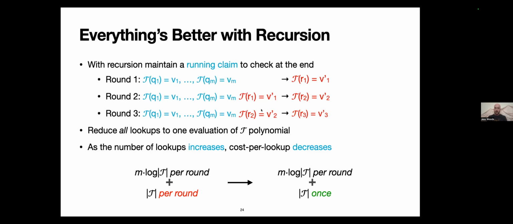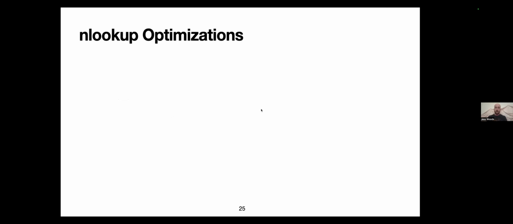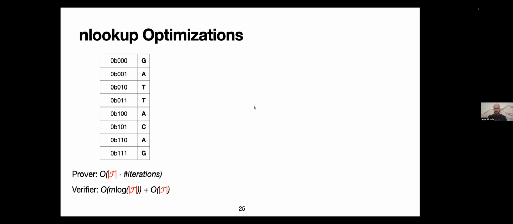Okay, now we're going to talk about optimizations that we do on top of NLOOKUP. Up until now, we've been talking about the complexity of our R1CS instance, our circuit, and therefore the verifier's work to verify the proof and to do this final check. But it's also important to talk about the prover's work to produce the witnesses for the NLOOKUP instances in our circuit.